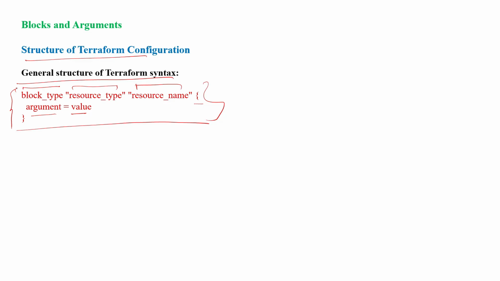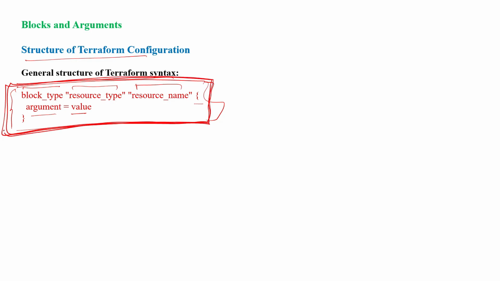The general structure of Terraform syntax is very straightforward. You can see here: block type, resource type, resource name, then curly brackets, and then argument equal to value. This is the generic format whenever we define different blocks in Terraform.